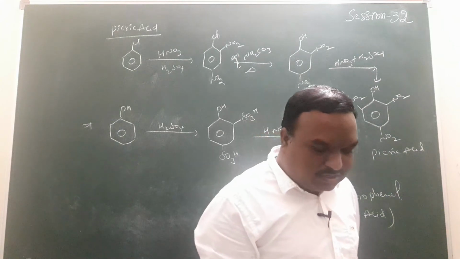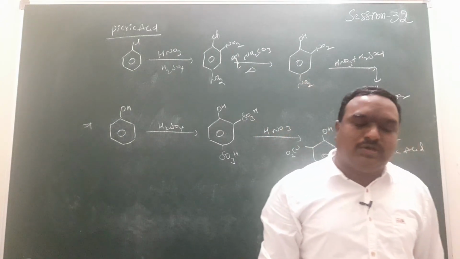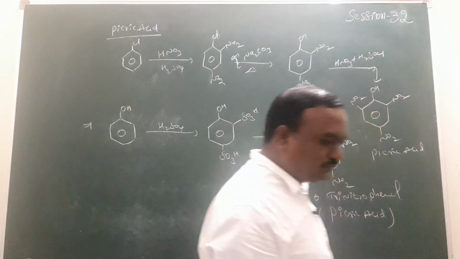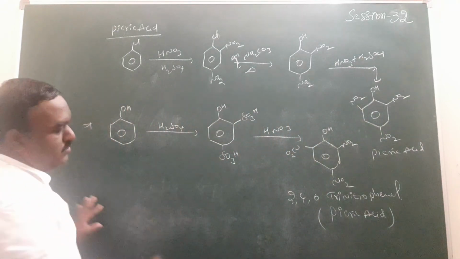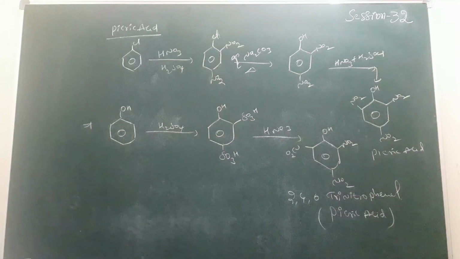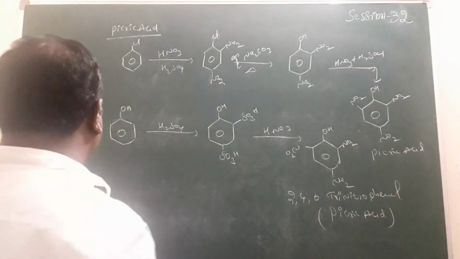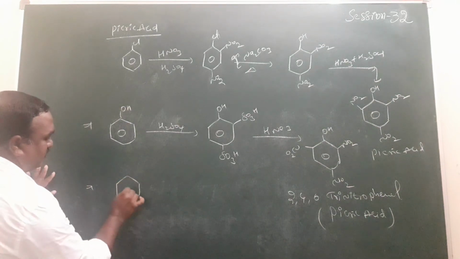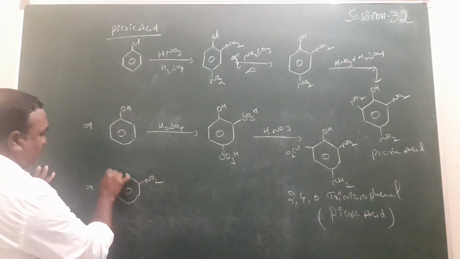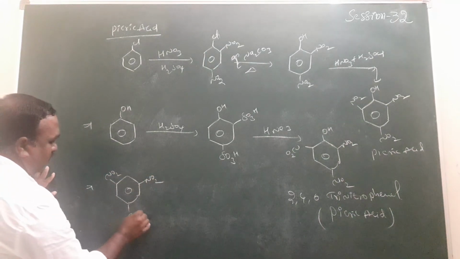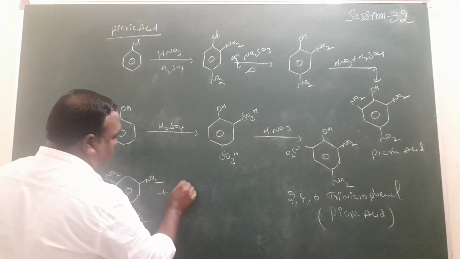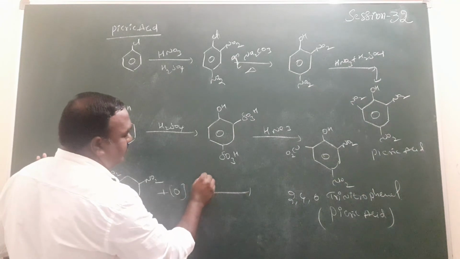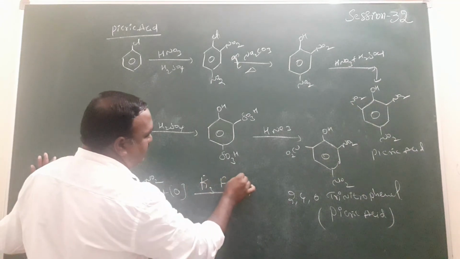If we take oxidation, we can also prepare that compound. Wherever a trinitro compound is given, trinitrobenzene undergoes oxidation in the presence of potassium ferricyanide, K3Fe(CN)6.